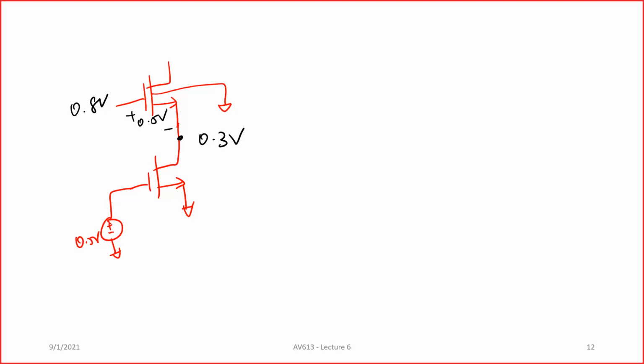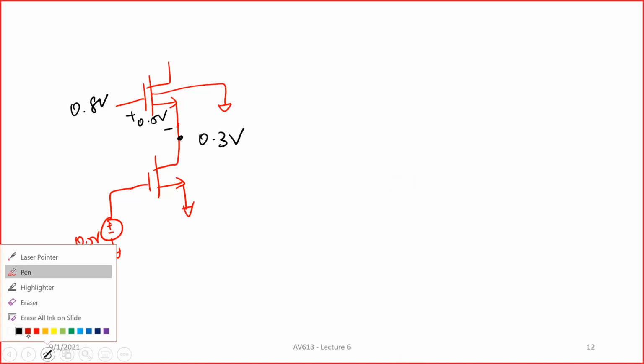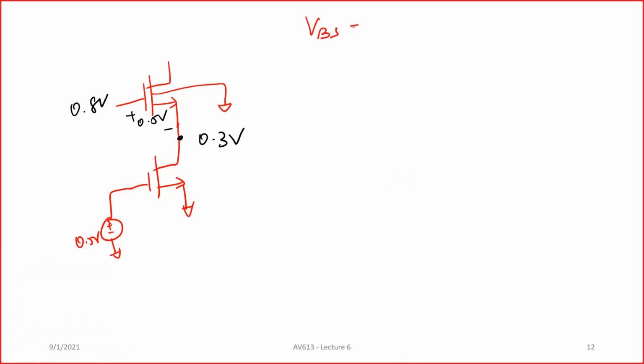Now your capital VBS is minus 0.3 volt. Your bulk to source voltage is minus 0.3 volt. Now, if you add an AC signal, let us say this becomes this plus 5 millivolt sine omega t. This is going to set up some AC current, and therefore this particular voltage will also start changing.